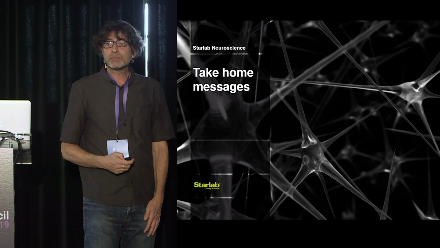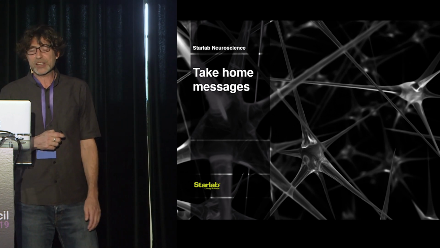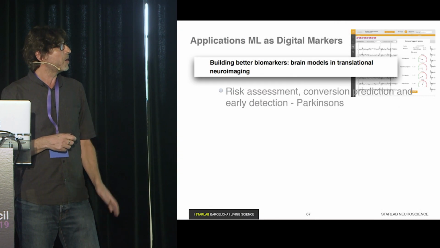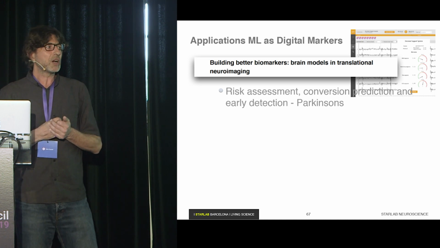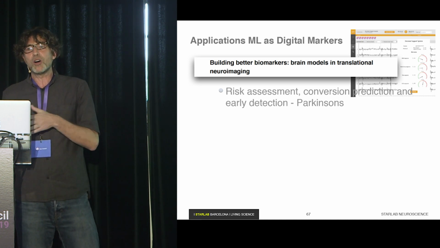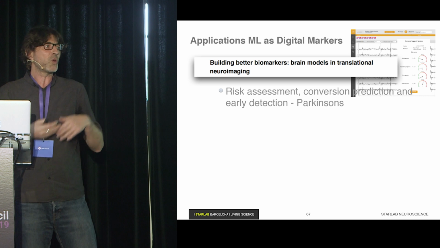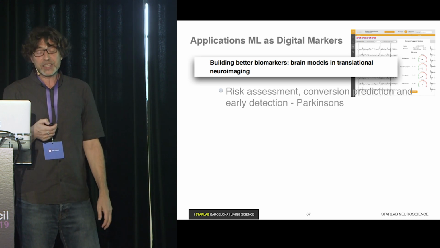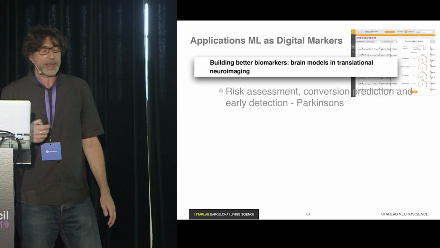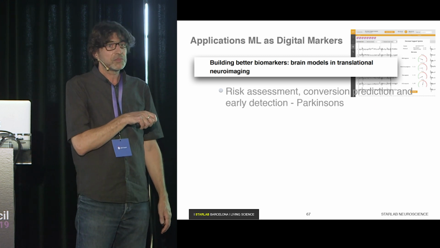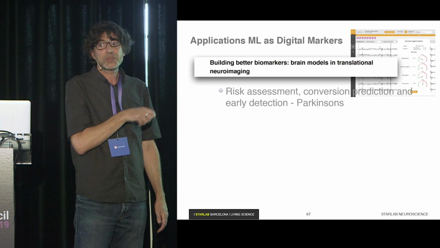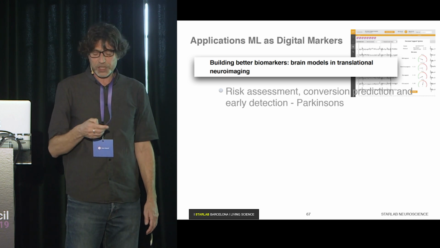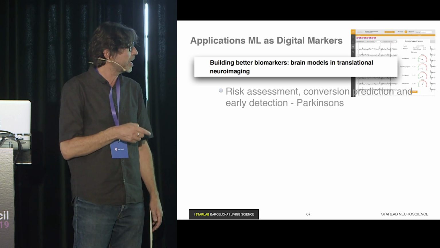Okay, and now to finish some take-home messages, just to remember for what you can use digital markers, not only of EEG activity, but also from wearables, from other types of data that is related with your health. You can use them for early detection. I've shown you how to use it in Parkinson's early detection.